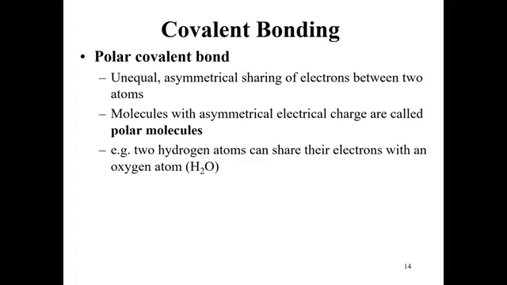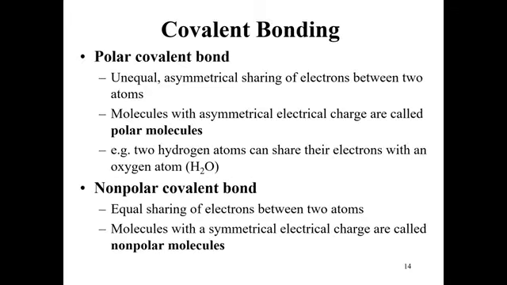Next, covalent bonding. We have 2 types of covalent bonding. We have polar covalent bonding and non-polar covalent bonding. Okay. So a polar covalent bond is an asymmetrical sharing of electrons between 2 atoms.